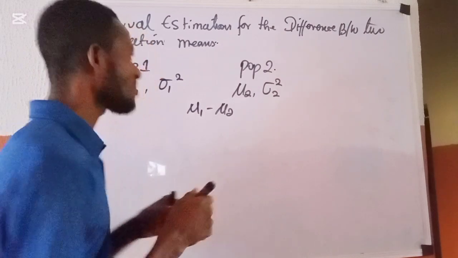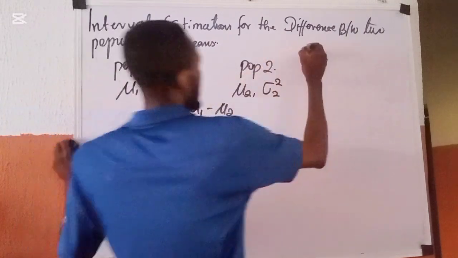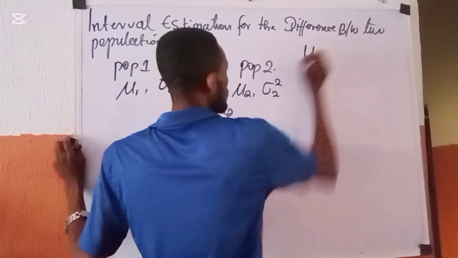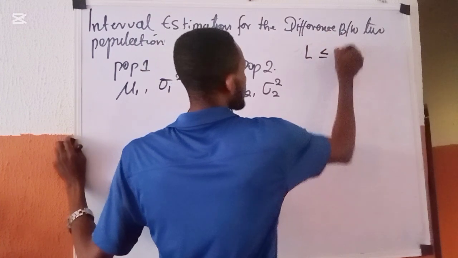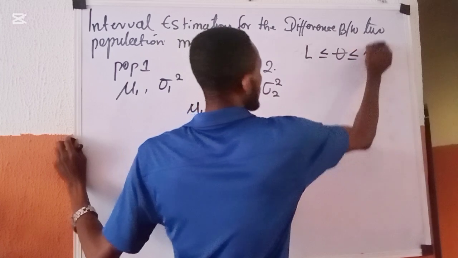And then we wrote something like this that time, we say that we have L less than or equals to theta less than or equals to U.